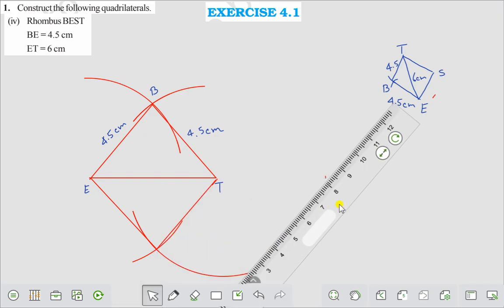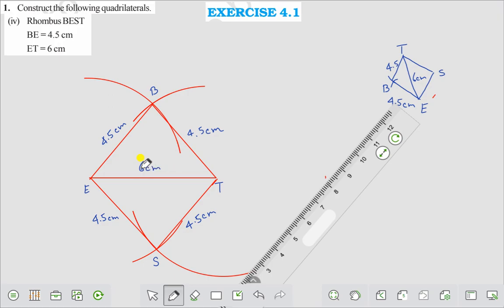Right? And we get the point here, that is S. This is point S, T, and ES, since this is a rhombus all the sides are equal, it is also 4.5 centimeter, and ST is also 4.5 centimeter, and ET we are getting as 6 centimeter. Here you see this is 6 centimeter.